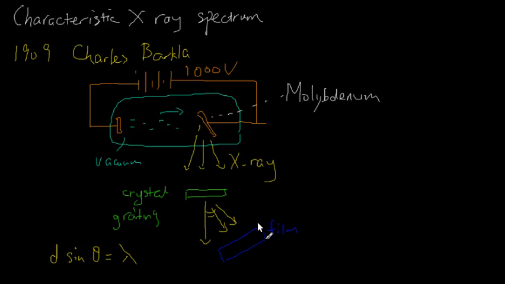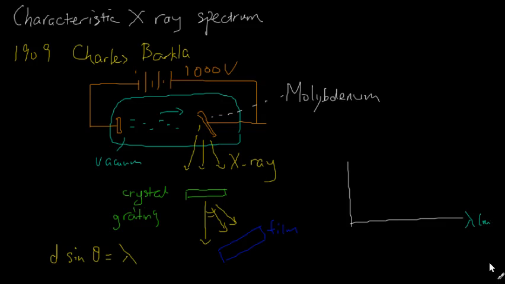For what I'm going to talk about, from later work where the technology becomes more advanced, it's possible to directly measure the intensities of the X-ray coming through at different angles. Today, it is actually possible to plot a graph. So I'm going to show the spectrum as a graph.